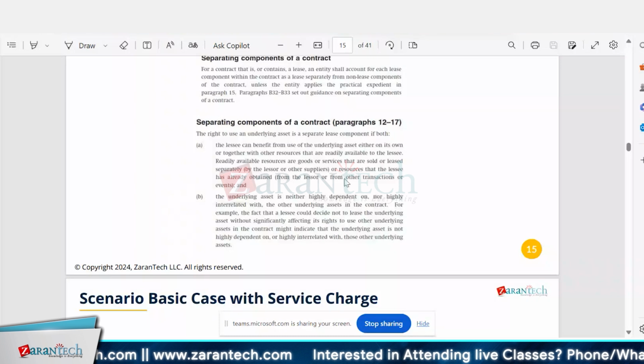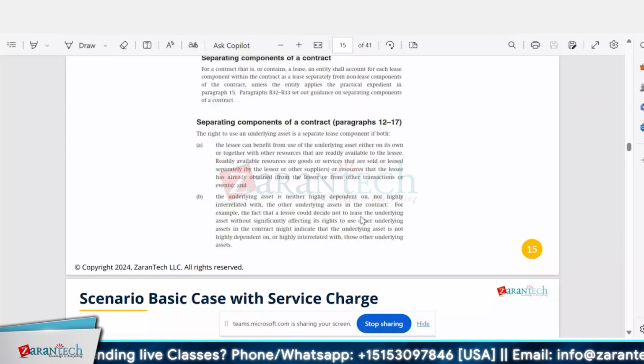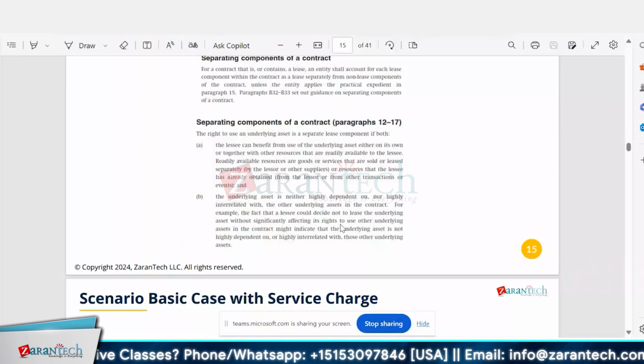And the underlying asset is neither highly dependent on nor highly interrelated with the other underlying assets in the contract. For example, the fact that a lessee could decide not to lease the underlying asset without significantly affecting its right to use other underlying assets in the contract might indicate that the underlying asset is not highly dependent on or highly interrelated with those other underlying assets.